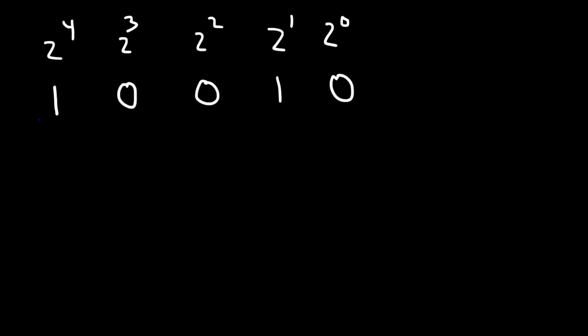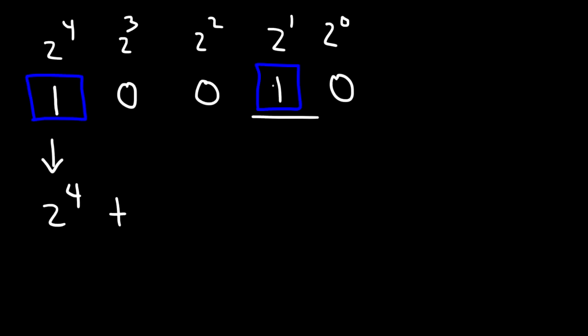Now, we don't need to worry about the zeros, so let's ignore those numbers. Focus on the numbers that have a 1, because those numbers will contribute to the final answer. So this is going to be 1 times 2 to the fourth power, which is simply 2 to the fourth power. And then this is 1 times 2 to the first power, which is just 2 to the first power.